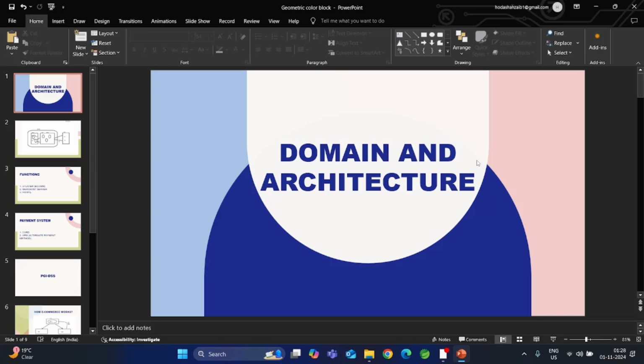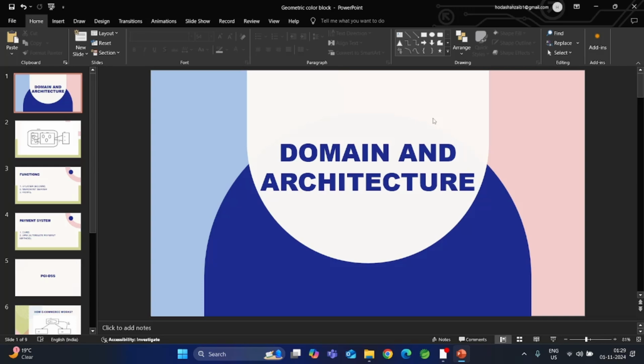Domain in this payment area is all about understanding how payment works, including rules, security needs, handling transactions safely, and so on. As for architecture, it is the structure of a payment system, how parts like the e-commerce platform, PayPal, and user account connect and work together.